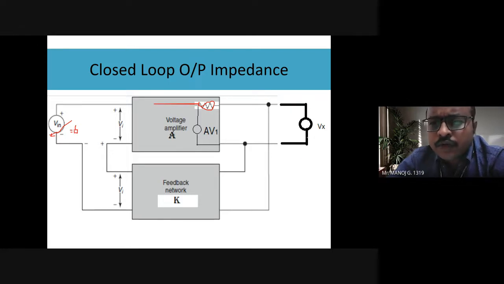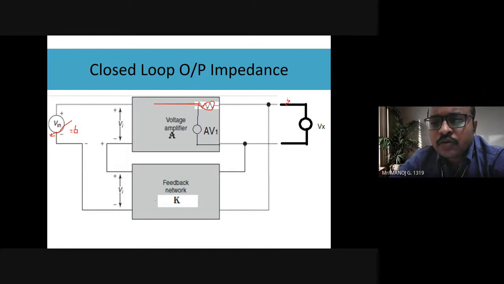Now you need to find out what is the Ix current. Okay, I'm externally connecting a voltage source Vx, and I'm trying to evaluate the closed loop condition. So this is the thumb rule. I think we have already done it for the differential amplifier.